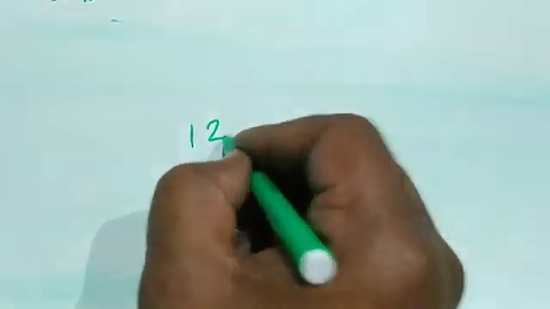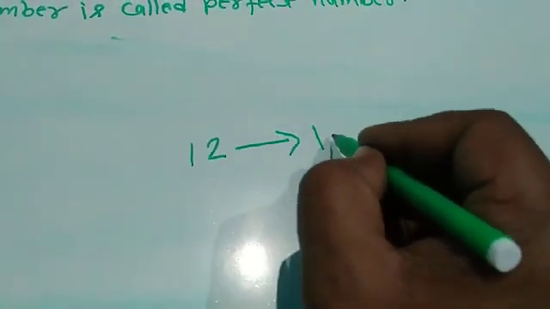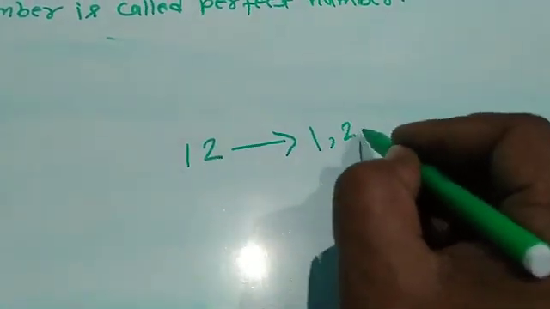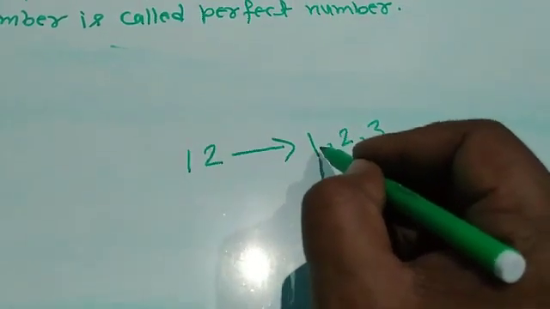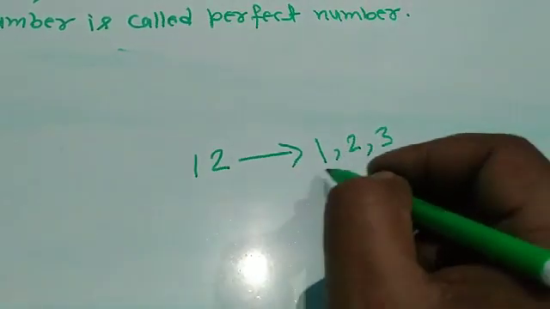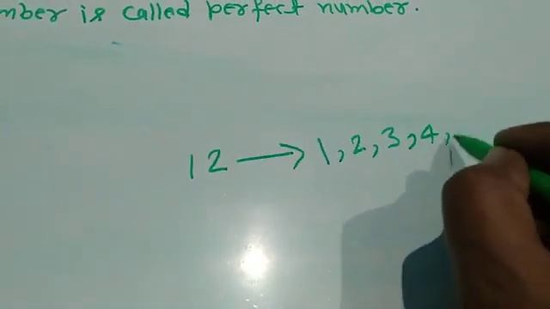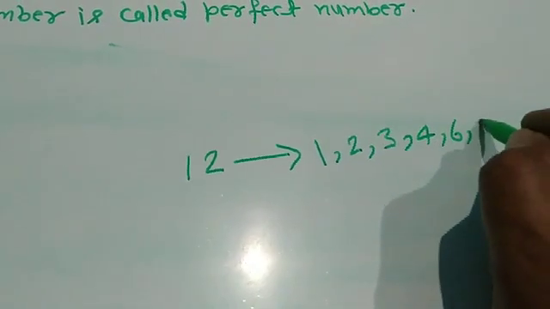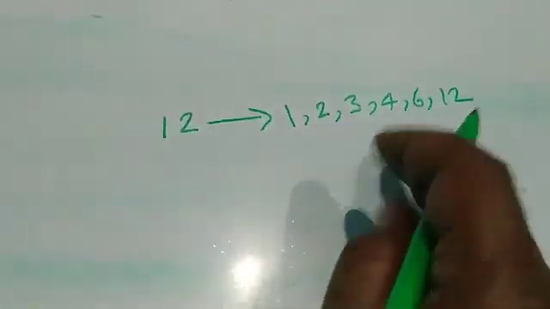Suppose the number is 12. The factors of 12 are 1, 2, 3, 4, 6 and 12, because 1 divides 12, 2 divides 12, 3 divides 12, 4 also divides 12, 6 divides 12 and 12 itself divides 12.